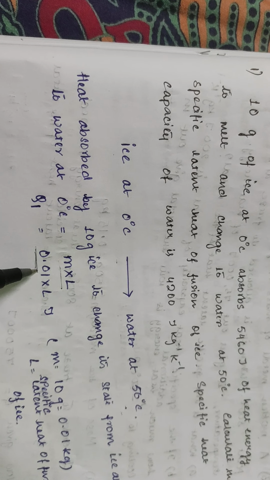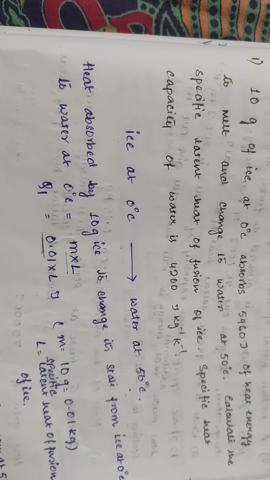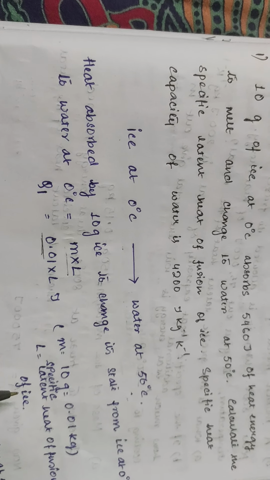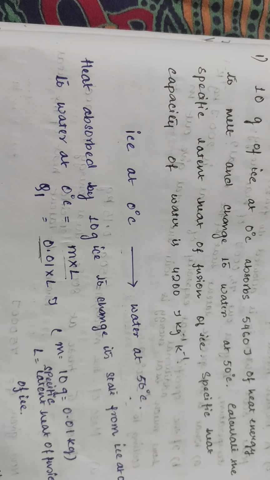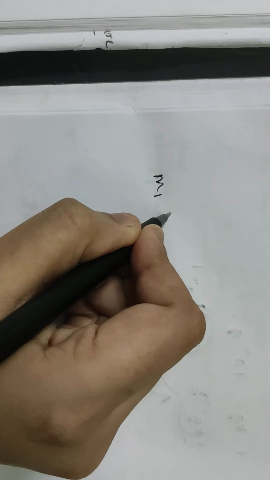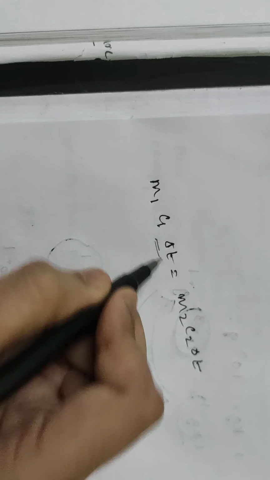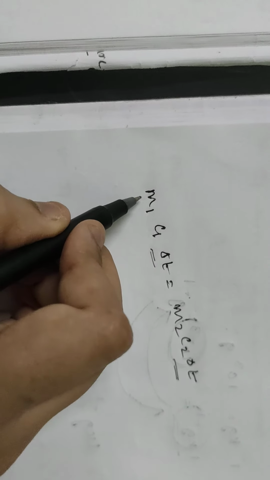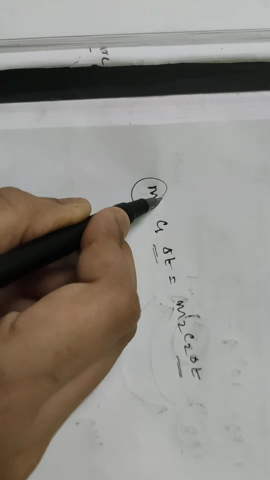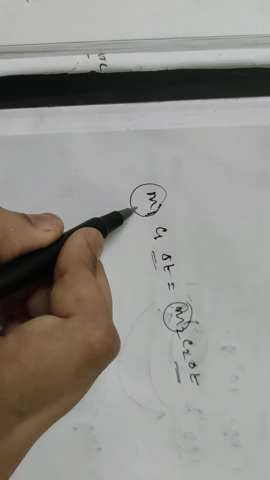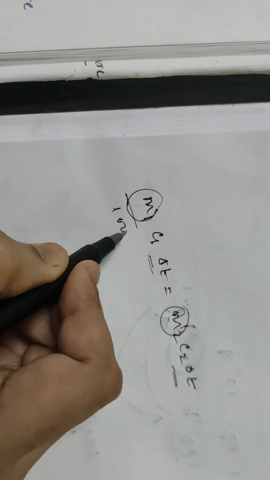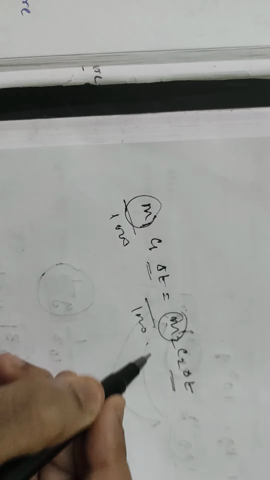Notice that this time, for this type of numerical, I have converted the mass, because previously we were using the form m1 c1 delta T equal to m2 c2 delta T, for rise or fall. Now suppose this was in gram and this was in gram, if I convert to kilogram, this would have got cancelled.